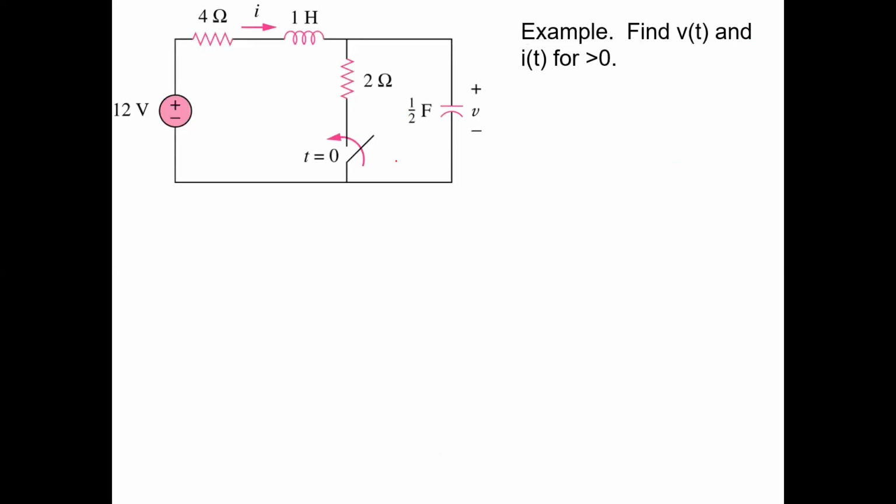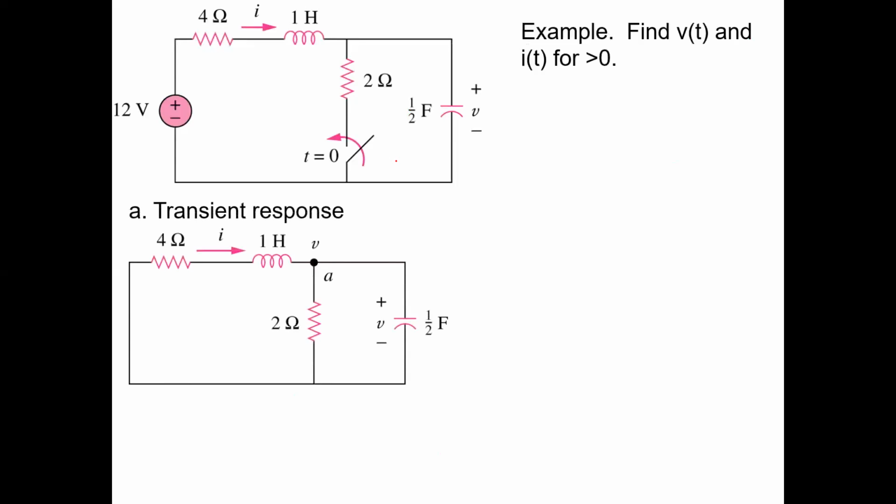We're going to first solve the transient response, and then we can add to it the steady state response, to put that all together. So the transient response is where we take out the source, and that's where you're going to have the sum of the exponentials.